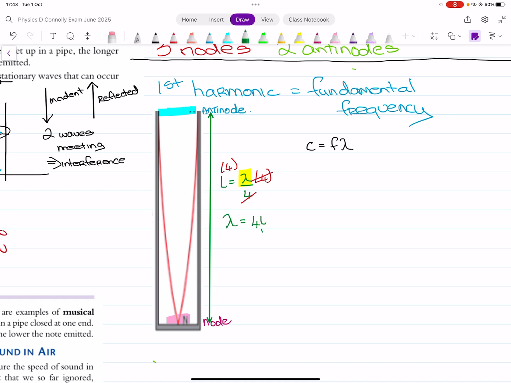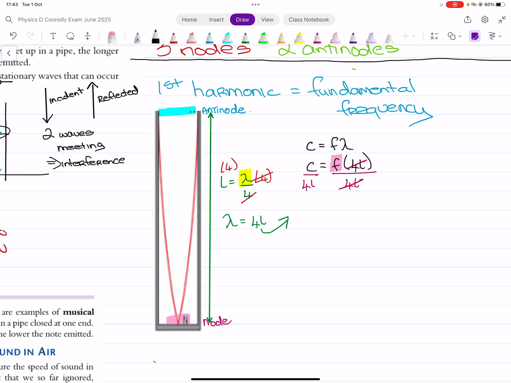I'm going to put that in over in that formula. So I get C equals F times 4L. And then I want to isolate F. So I'm going to divide by 4L here, and divide by 4L here.